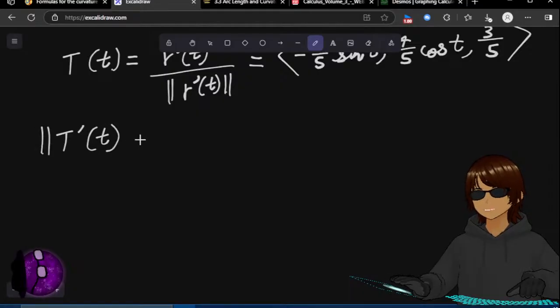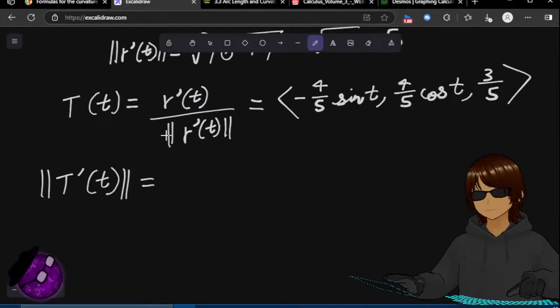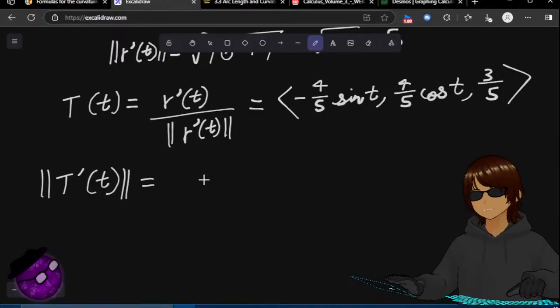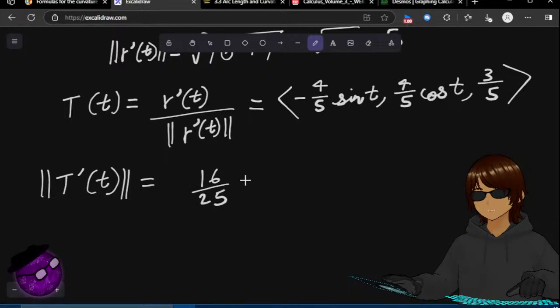It has to be like that. The derivative would be this square plus this square plus this square. And since sine square and cos square is 1, we are just left with 4 square over 5 square, plus 3 square over 5 square, which is 9 over 25.